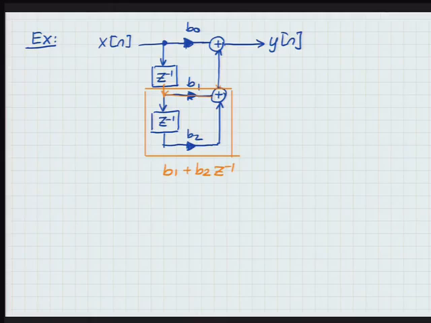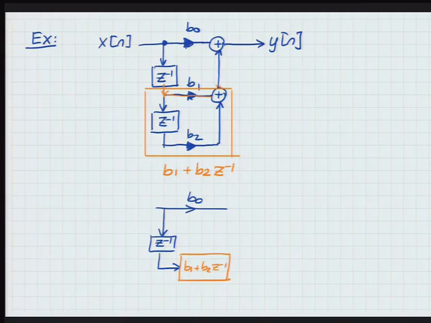Because now I have B0 in one branch, and then that branch splits, gets multiplied by Z inverse, goes into this box that we already characterized, B1 plus B2 Z inverse.